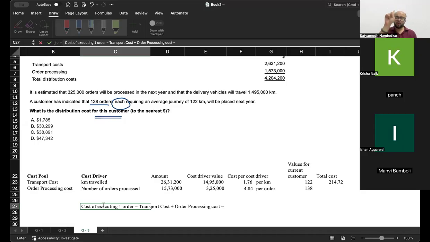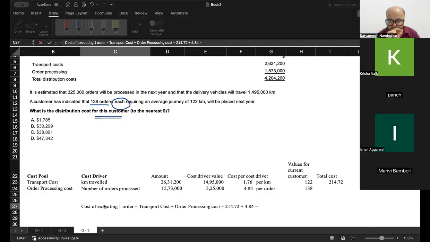When you are finishing one order, how much transportation cost are you incurring? You are incurring 214.72 plus, to finish one order, you have to incur an order processing cost of 4.84. That is the cost of executing one order, and they want the total cost of executing 138 orders. Okay. So now tell me what is the total here?